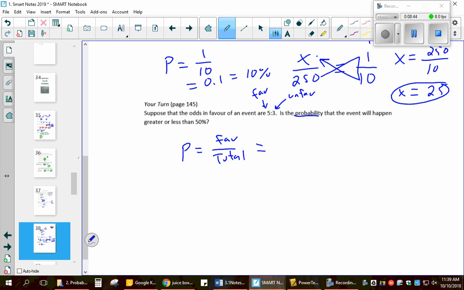All right, so 5 over 8, right? 8 is my total there. Is that bigger or less than 50%? Yes, bigger than 50%, right? 4 out of 8 would be 50%. So this will be bigger than 50%.